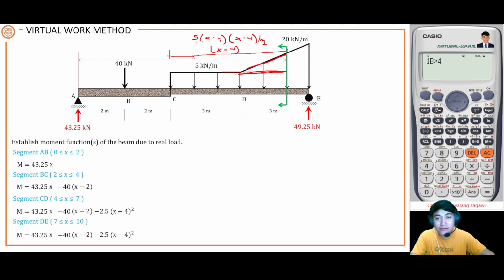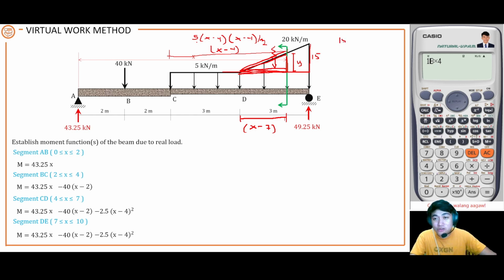For this triangle, take note that this length is, from the leftmost part, x minus 2 plus 2 plus 3, that is 7. So therefore, the resultant of the triangular load, anyway, we don't have the height yet. Let's calculate this y. In terms of this y, this is only 15.